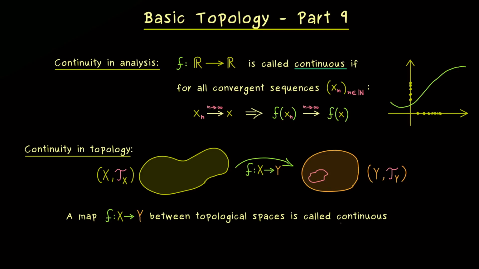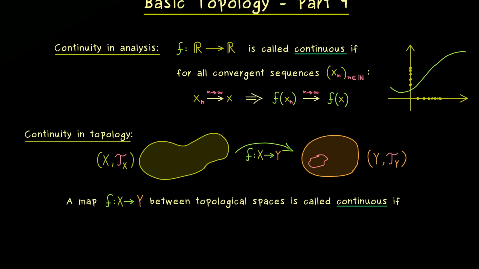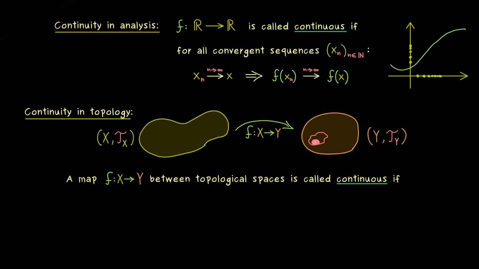In fact, we say that a map f is continuous if the pre-images of open sets are still open. This means we fix an open set on the right hand side and then we look at the pre-image of this set under f on the left hand side. And then obviously, in general, this pre-image here does not have to be an open set at all.